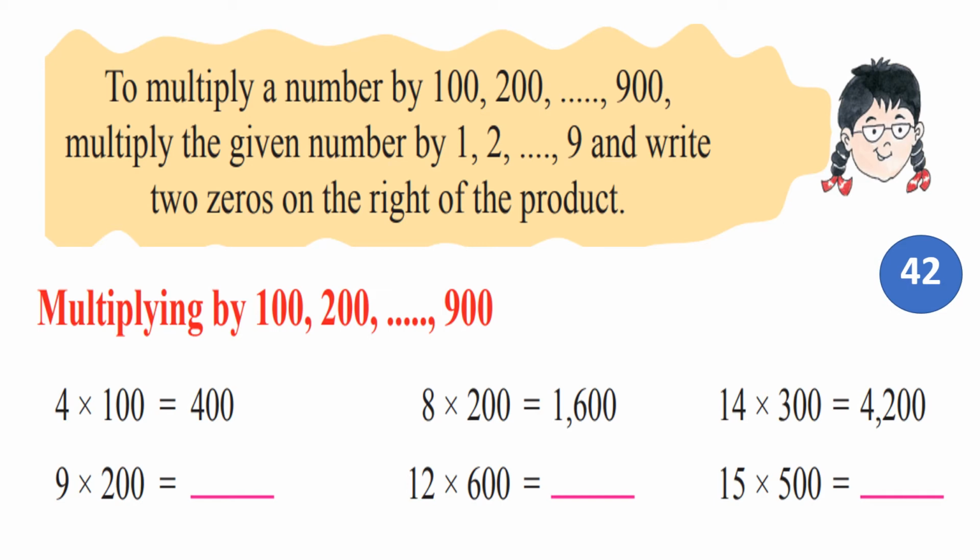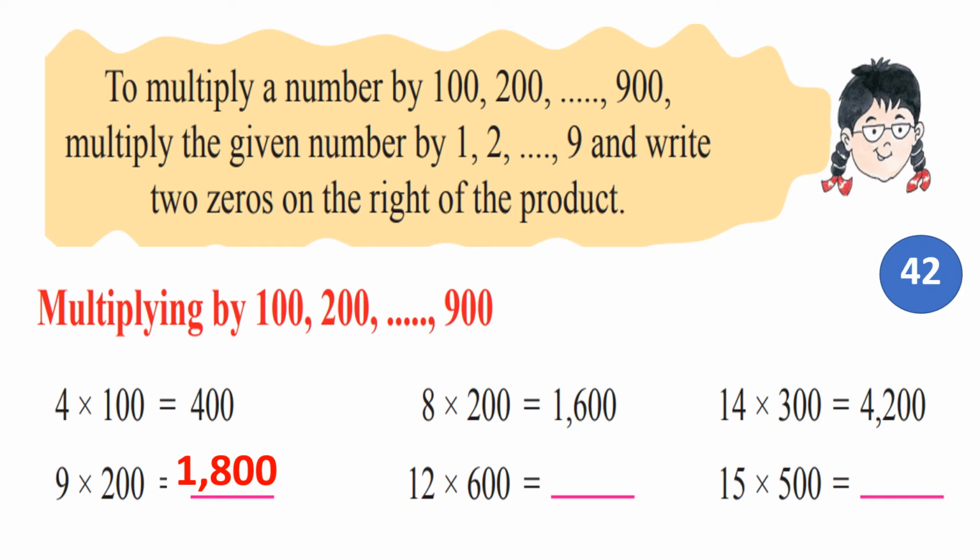Next is 9 times 200. First, 200 has 2 zeros. Then you multiply 2 times 9, which is 18. 18 plus 2 zeros, you have 1800. Correct, students?